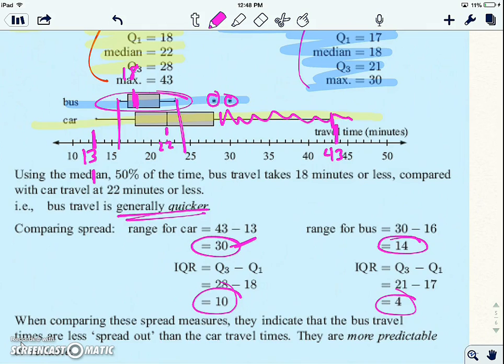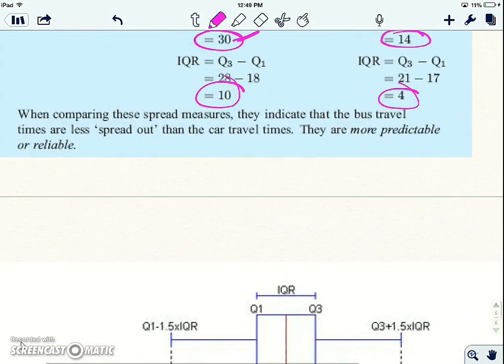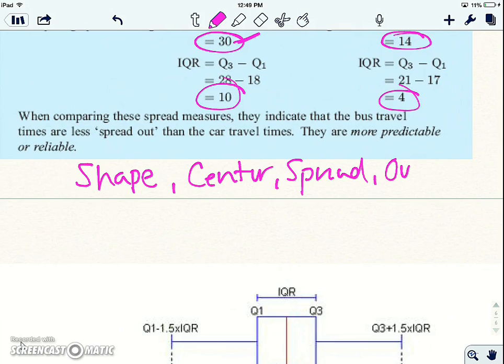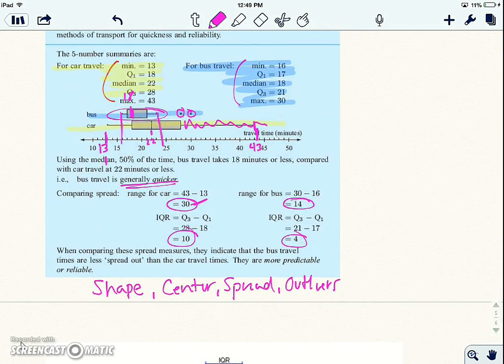Whenever we compare, we always want to look at shape, center, spread, and outliers. So the shape, they're both kind of symmetric. It's not that important here.